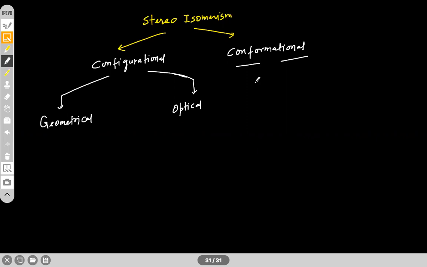First of all, to understand geometrical isomerism, what is stereoisomerism?